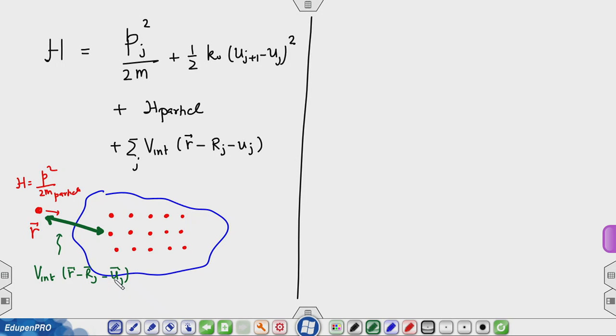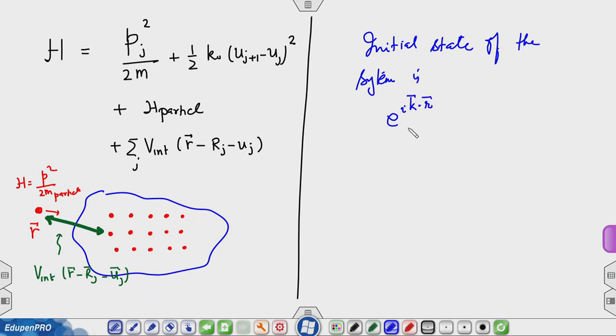And the initial state, before the interaction of the system, is e raised to I k dot r, that is the wave function for the particle coming in, times n q, where q is the q for the phonon and n is the number of phonons.